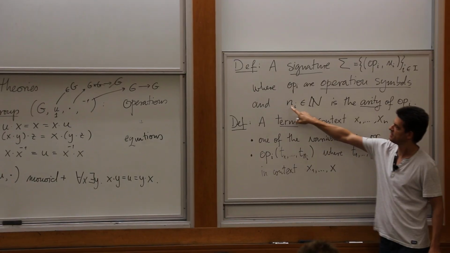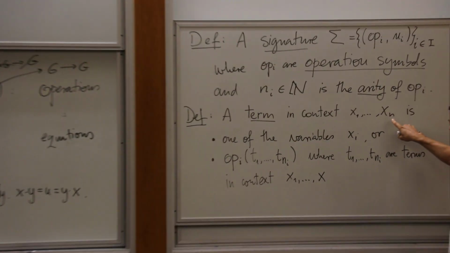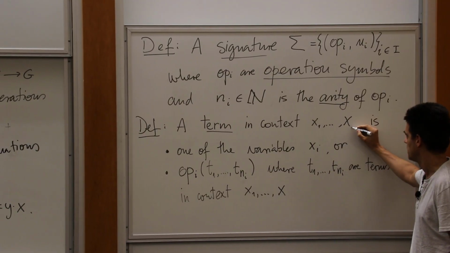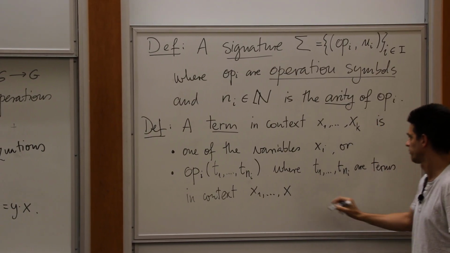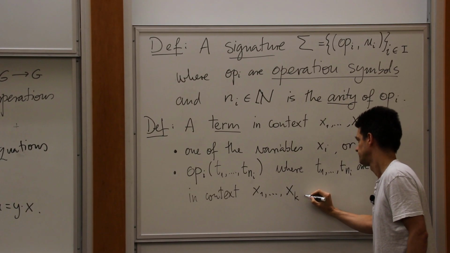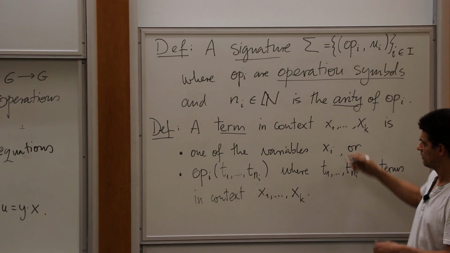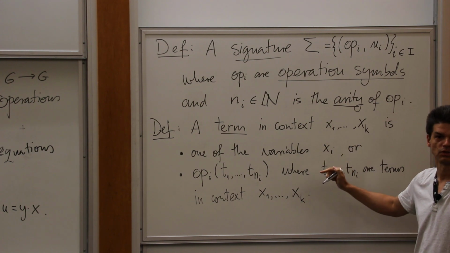Just because I have n's here, not to mix things up, let me make the number of variables k, because otherwise there are too many n's, okay? So we have k variables. Questions? And this is meant to be read as an inductive definition.